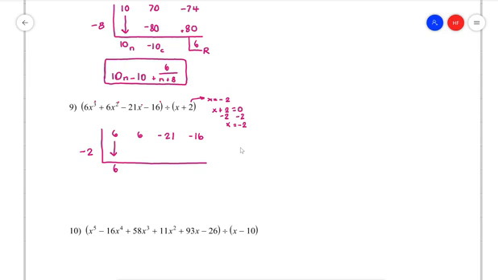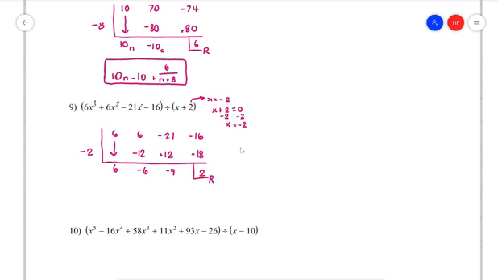Negative 2 times 6 is negative 12. 6 minus 12 is negative 6. Negative 2 times negative 6 is a positive 12. Negative 21 plus 12 is negative 9. Negative 2 times negative 9 is positive 18. And negative 16 plus 18 is 2.